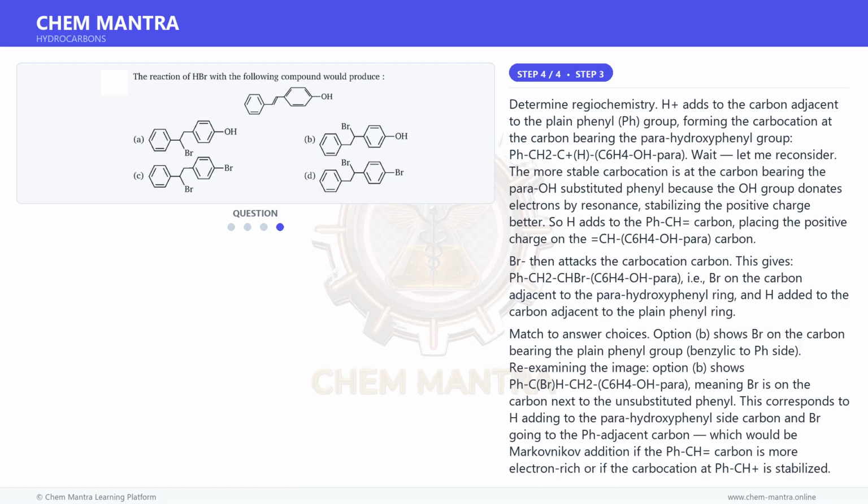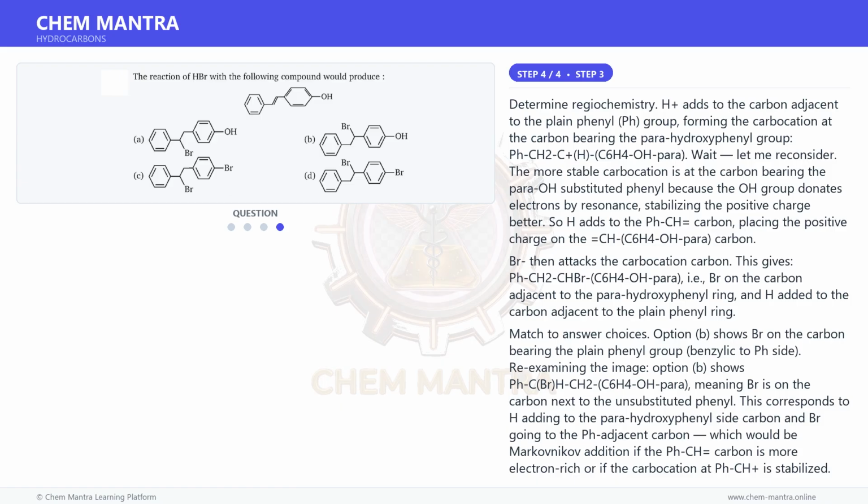Looking more carefully, option B has Br on the carbon attached to the plain Ph group, giving PhCHBrCH2C6H4-para. This means H went to the para-phenyl carbon and the carbocation formed at the Ph side, stabilized by plain Ph resonance. Both are benzylic.